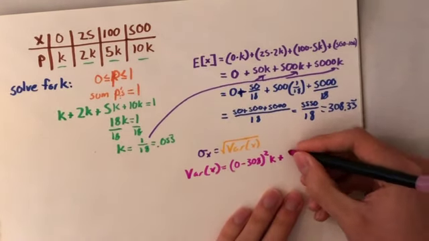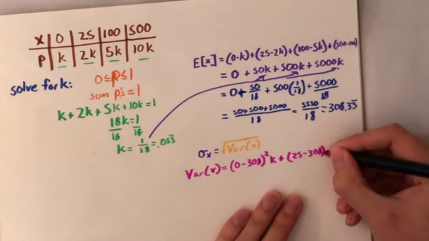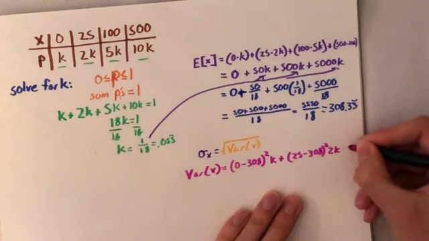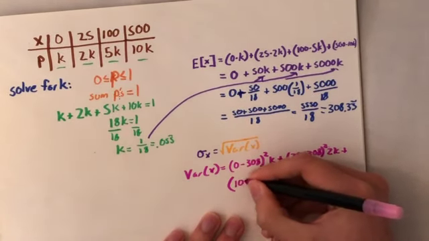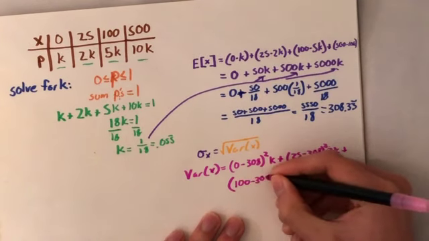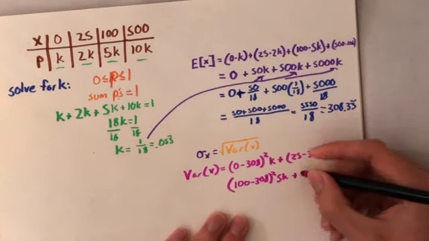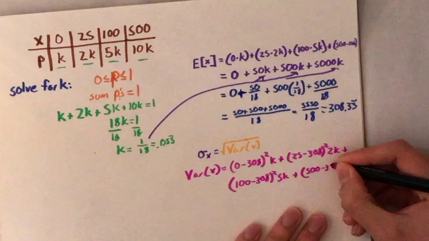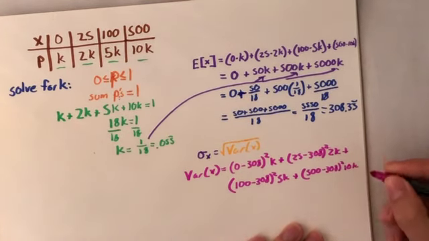Our second term follows in the same way: 25 minus 308 squared times 2k, plus, next line, 100 minus 308 squared times 5k, plus our last term, 500 minus 308 squared times 10k.